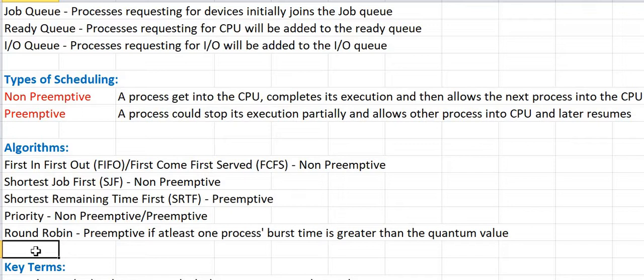A process entering the CPU will be processed only for a quantum time, then it comes back and gets added to the ready queue. The next process goes in and spends the same quantum value. Likewise, it keeps on going. This is what we call round robin scheduling.